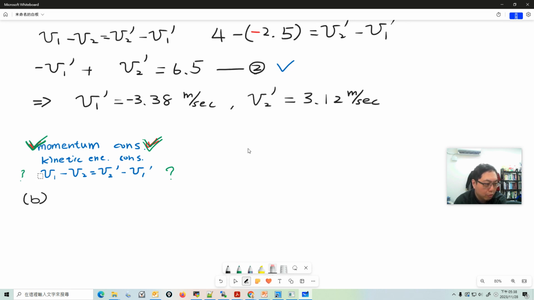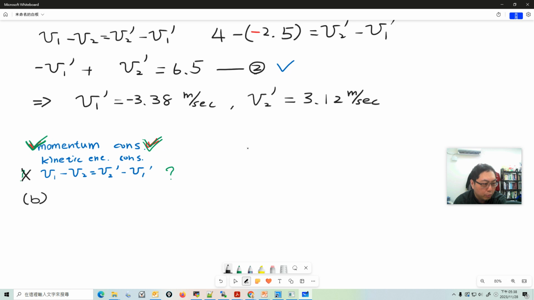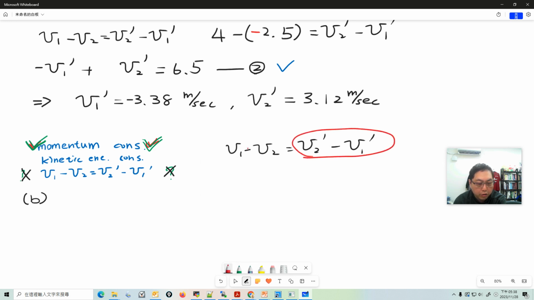The answer is no. The right-hand side, V2 prime minus V1 prime, is after collision, and the left-hand side is before the elastic collision.